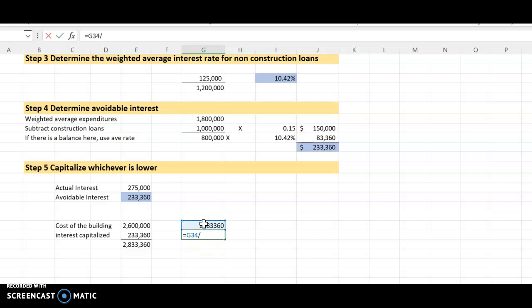Then we're going to divide that by 30 years. So your annual depreciation, I believe they wanted us to round to the nearest dollar, will be $89,445.